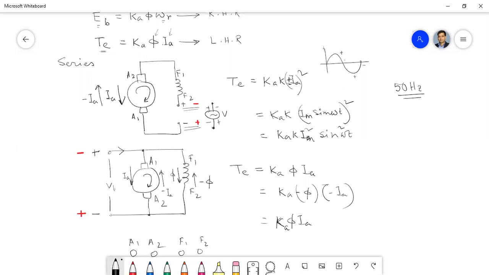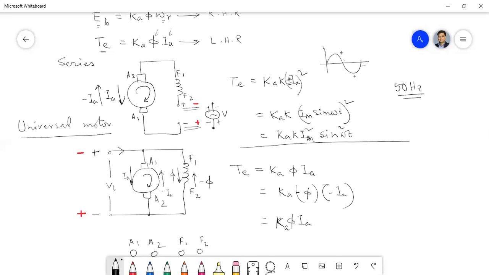But this you will learn in detail when you learn the series motor. As the DC series motor can run in DC as well as in AC, therefore it is also called a universal motor. Because the DC series motor can run in alternating supply as well.